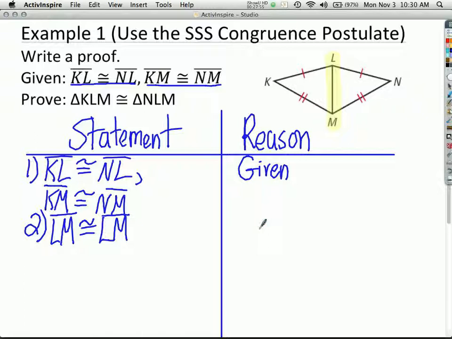Why are we allowed to say that? Dalton? The reflexive property of congruence.